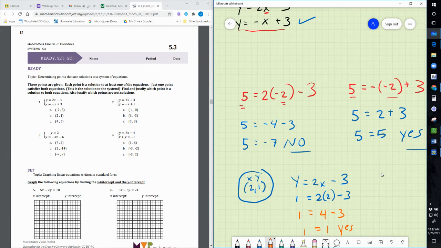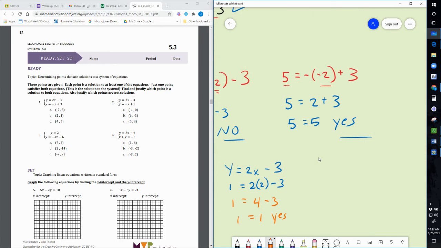The other equation, y equals negative x plus 3. Remember, we're testing the point 2, 1. So y is 1, x is 2. So 1 equals negative, plug in the x in parentheses, 2 plus 3. 1 equals negative 2 plus 3 is 1.